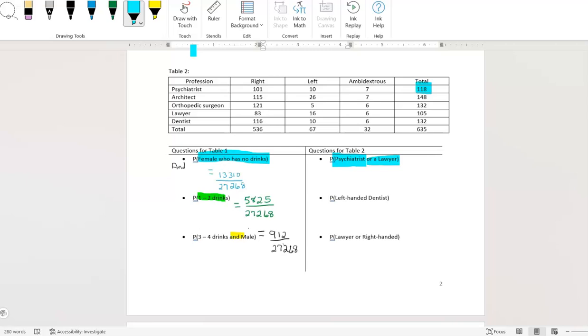We also have a total of 105 lawyers. So we know that the probability of this, and the or probabilities are always going to be larger than an and probability. So we know that we have 118 psychiatrists. We also have 105 lawyers. They don't overlap. So that's out of our 635.